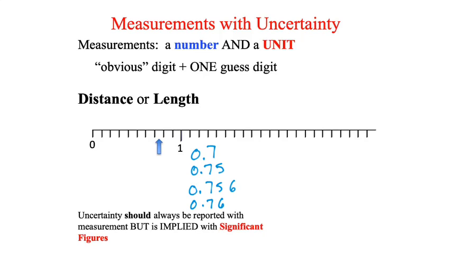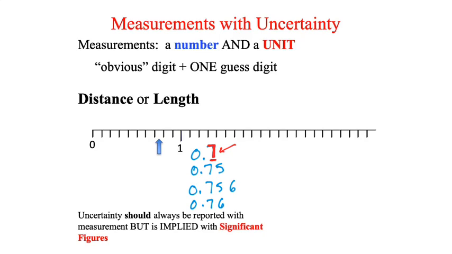I see what you're doing. Yeah. What becomes problematic with this? Do all those numbers have the same sig figs? Nope. That very first one is saying I am guessing at the 10th place.